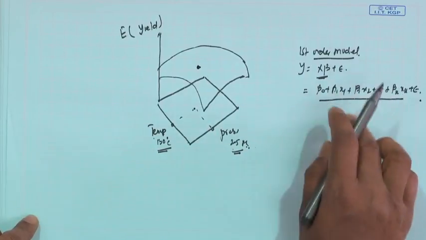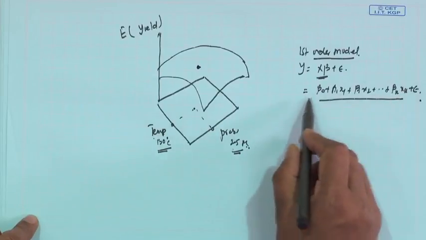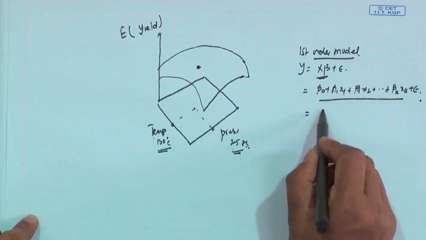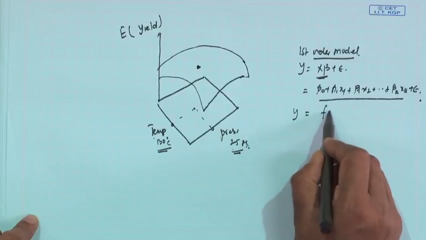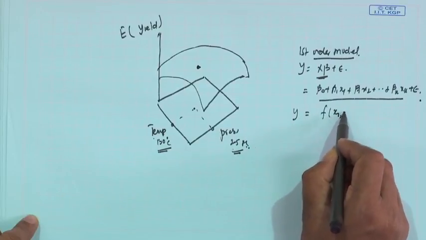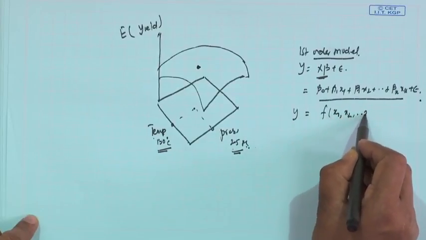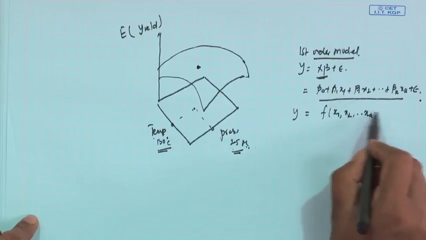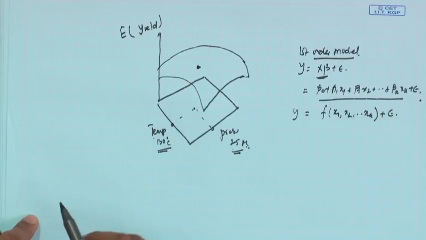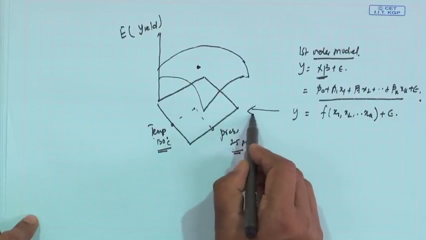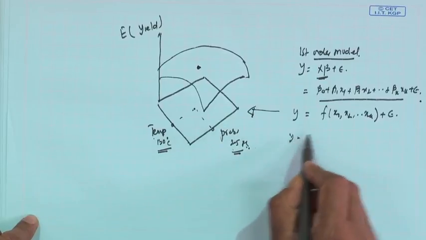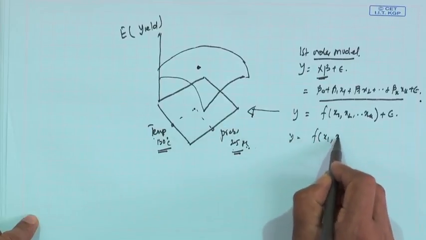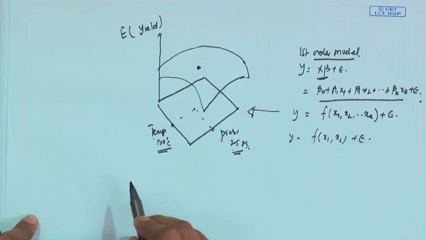So, in general, y can be written as f of x 1, x 2, up to x k, plus epsilon. With reference to this example, our y is f of x 1, x 2 plus epsilon.